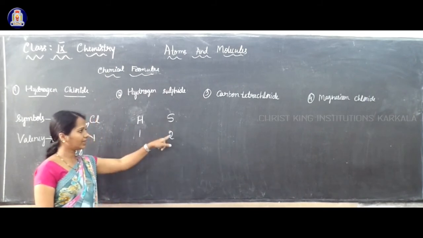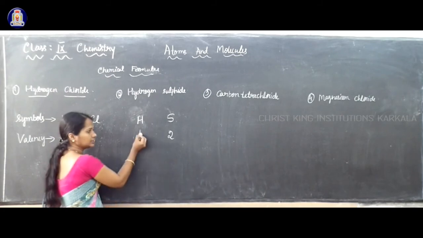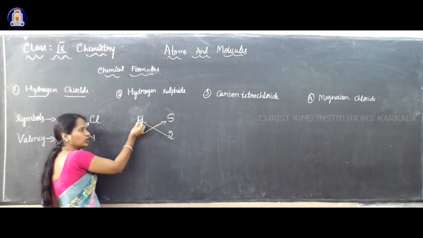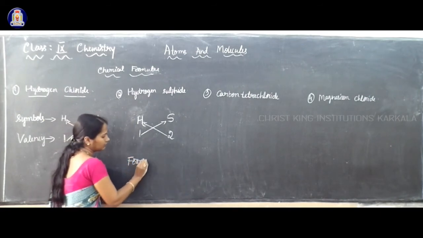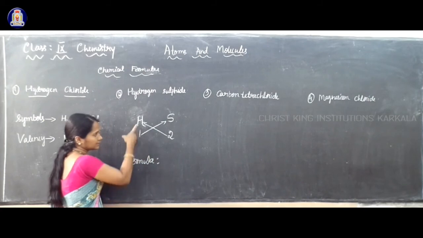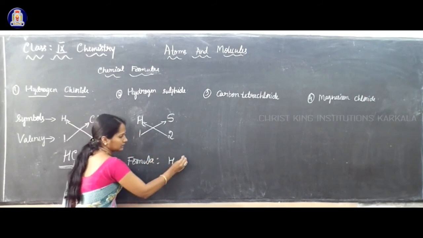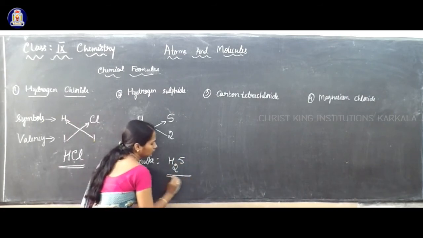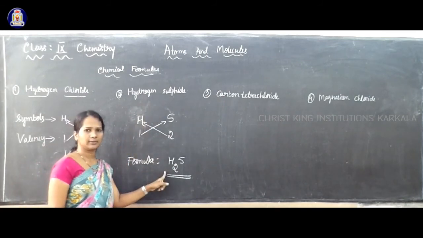Now the 1 goes to sulfur, the 2 goes to hydrogen. So the chemical formula is H2S1, but we do not write the 1: H2S is the chemical formula of hydrogen sulfide.